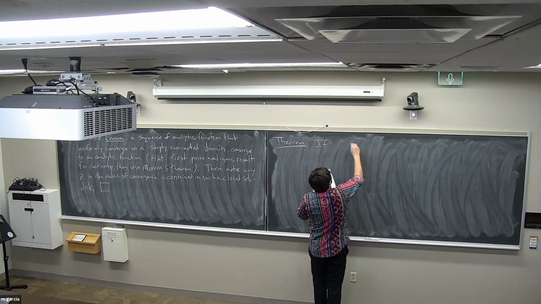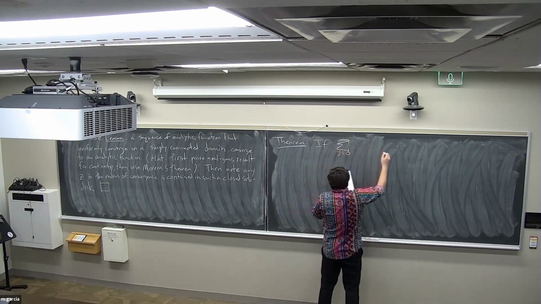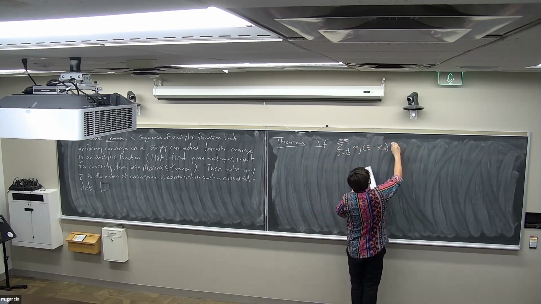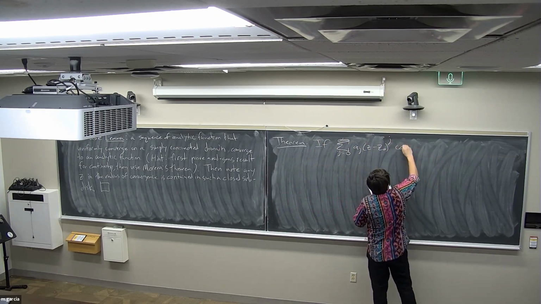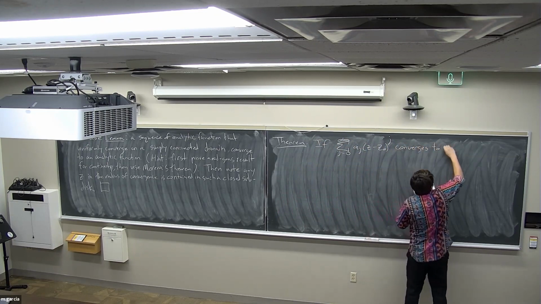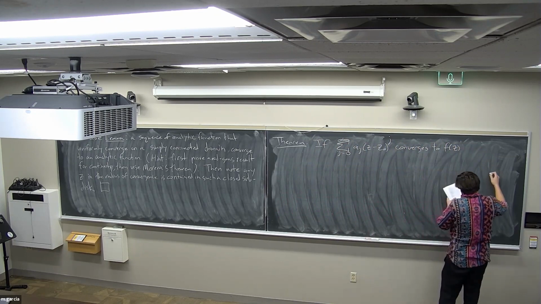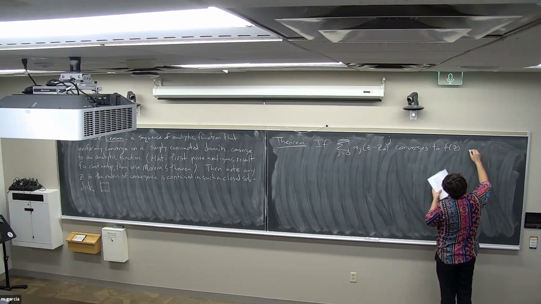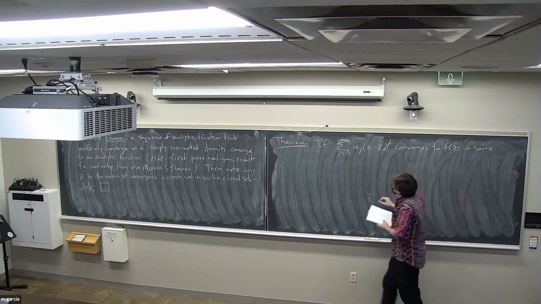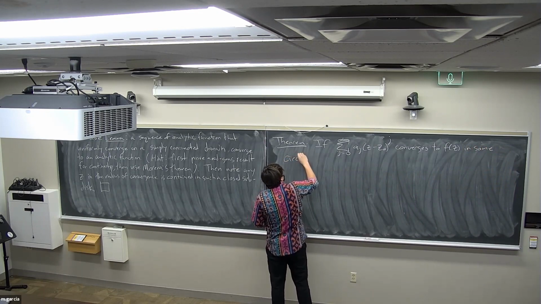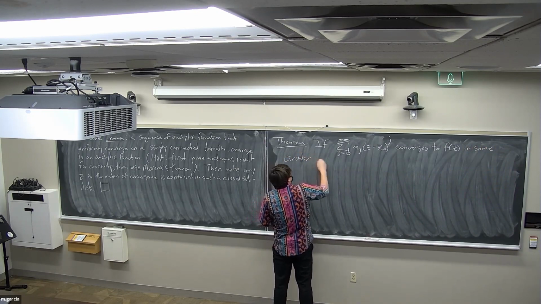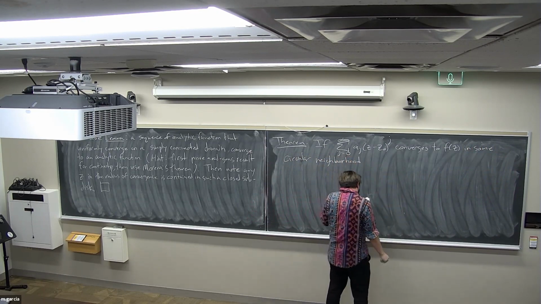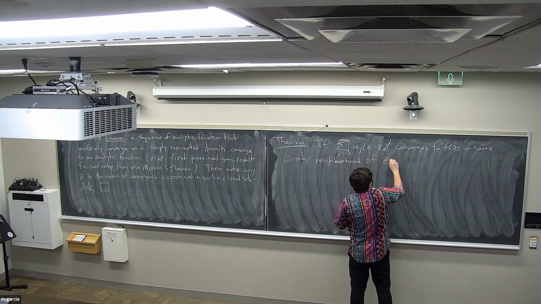Let's say this power series, sum from j equals 0 to infinity, of a sub j times (z minus z naught) raised to the j, converges to f of z in some circular neighborhood of z naught.